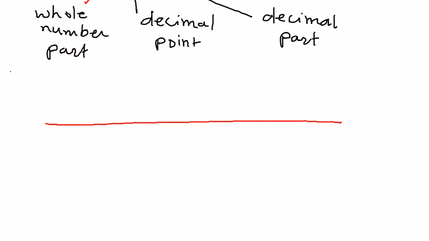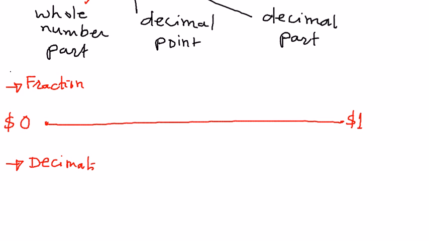Here, if I call one end of this line diagram 0, and the other end 1, and to make it more interesting, call this $0 and this $1, and represent fractions in the top part of this line diagram, let me write here fractions, and let me write decimals here. Now we are ready to explain the relation between fractions and decimals.